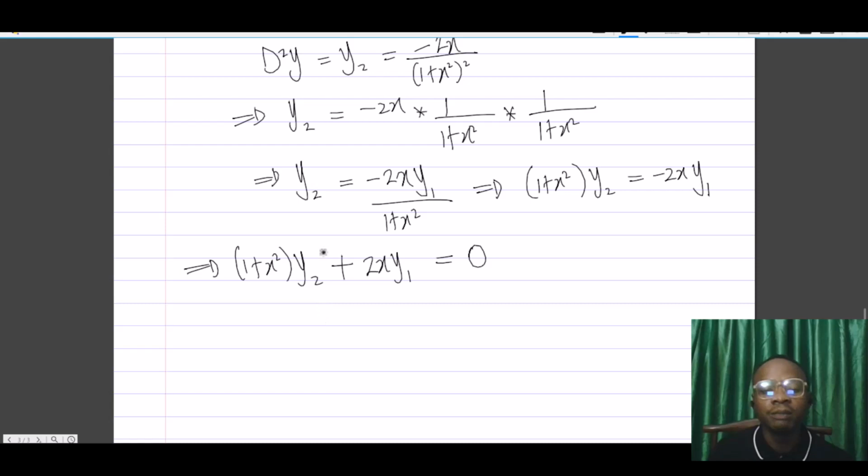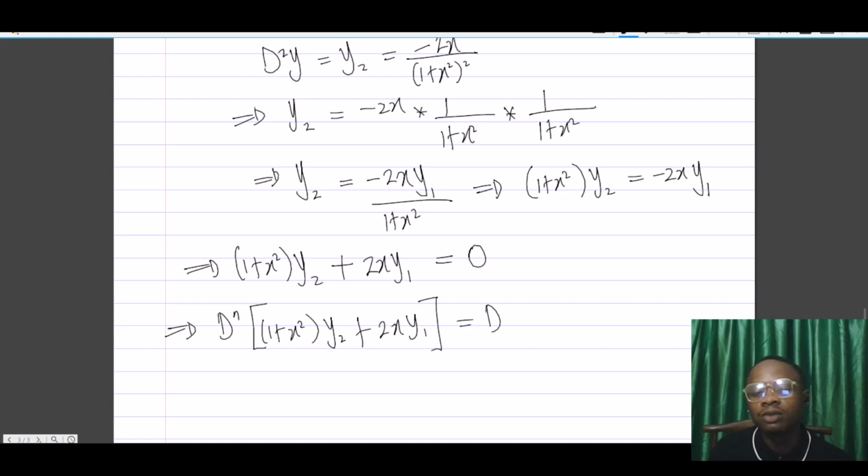So from here, we can try to get the nth derivative of both sides. So we say the nth derivative of all of this, which is 1 plus x squared multiplying y2 plus 2x multiplying y1, will be equal to the nth derivative of 0.